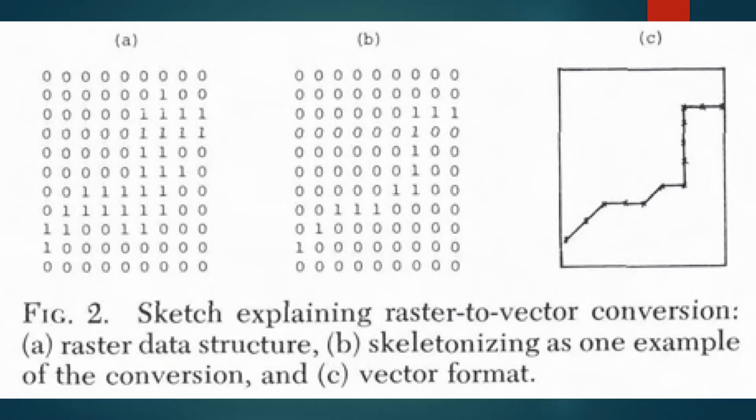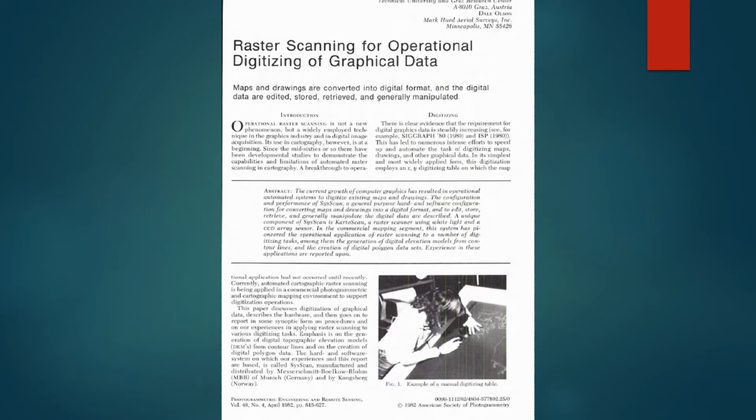You can see that the ones in the image are simplified to form one single line instead of a line that is more than 1 pixel wide. And finally, the third image is the resulting line in a vector format.